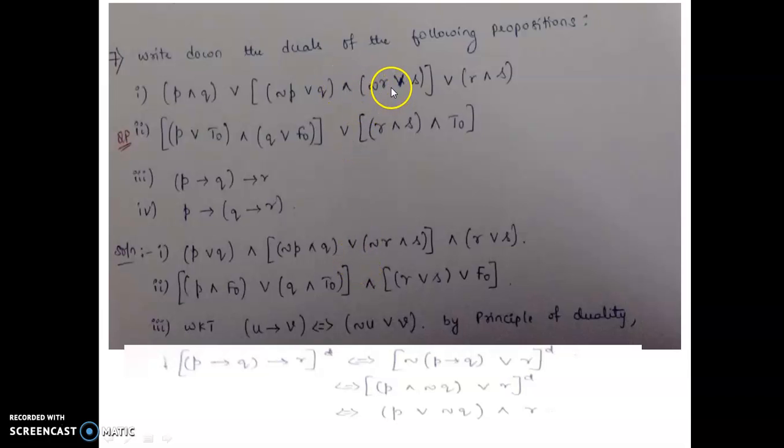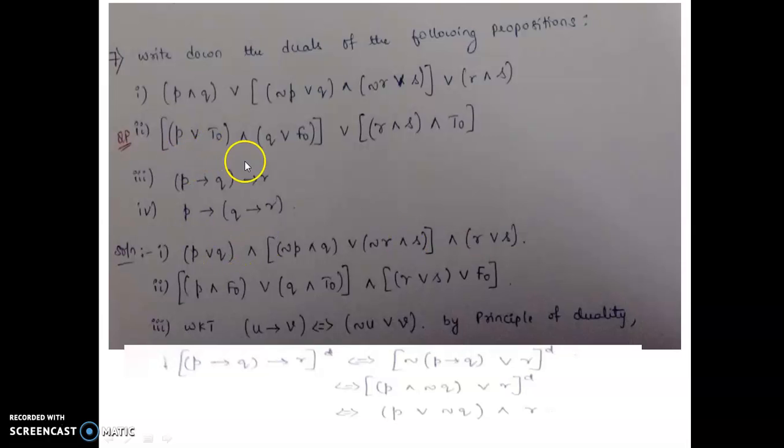Negation of R, or S. And or is there, and R and S is there in our given proposition, but R or S is in the dual of the proposition. So this is our given proposition. Its dual we have got by replacing and with or, and or with and.